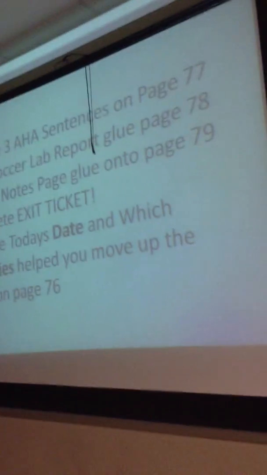Air Soccer, AHA, notes, hands-on activities, graphic organizer, discussion, exit ticket. Write your answer on the learning goals scale with today's date. Do your AHA connections, do your exit ticket. And if you forget one of those things, it's on the board. After you're done with all that, I will check it, and I will tell you it's okay to pack up. Not till I tell you.